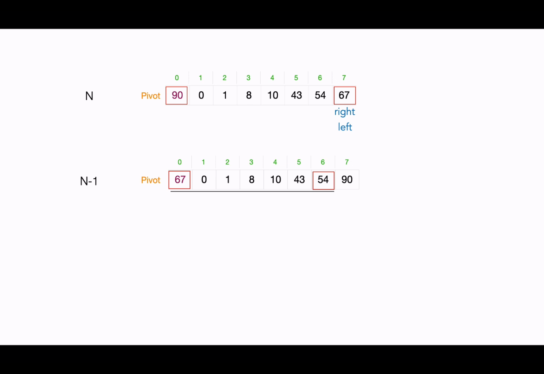And this goes on, which makes the total complexity the addition of n plus n-1 plus n-2 all the way to 2, because after that we will only be having a single element. So this is an arithmetic progression, and we know that the sum of the series till 1 is n(n+1)/2.